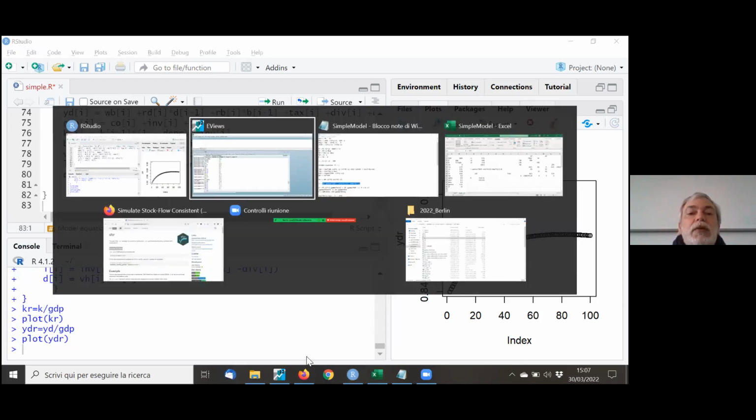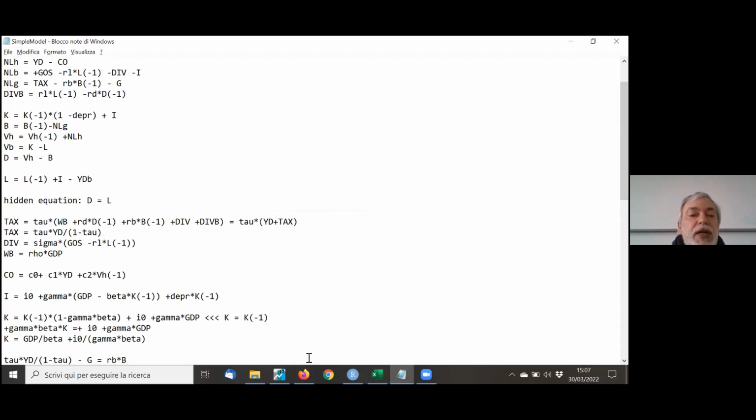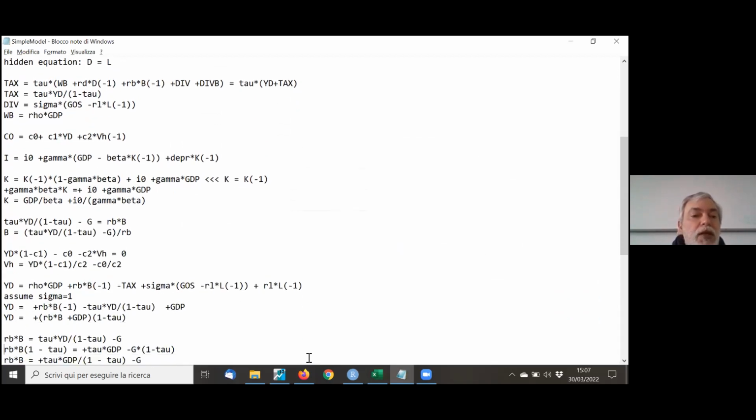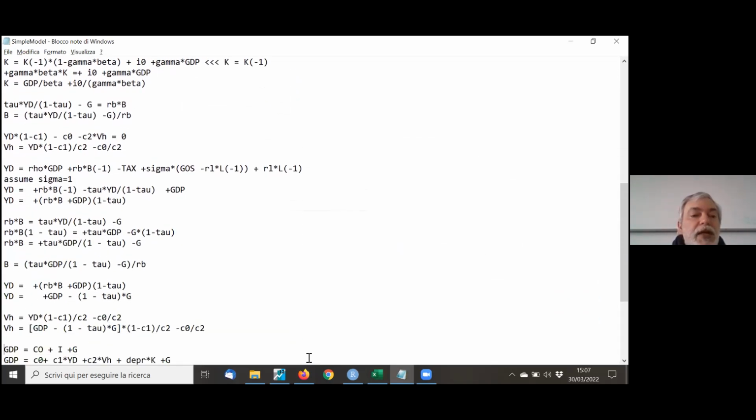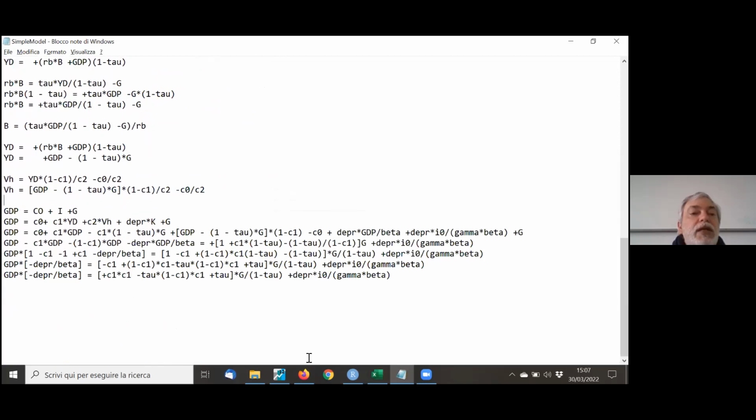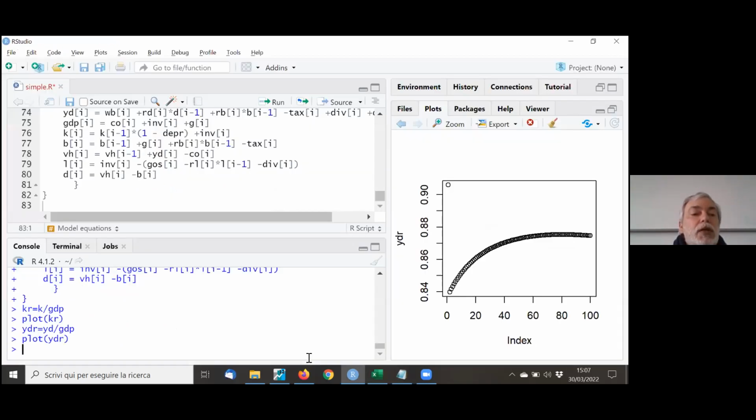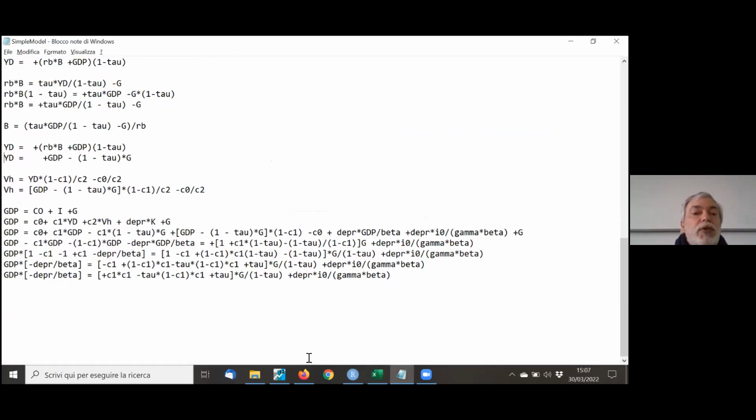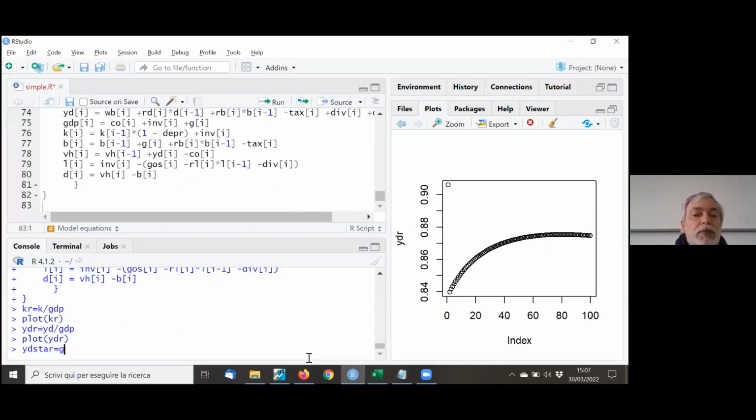Now, the algebra we did was suggesting that YD should be converging to GDP minus 1 minus tau times G. So I could define a YD star and compute it as GDP less 1 minus tau times G.